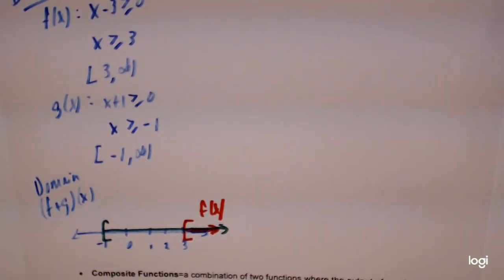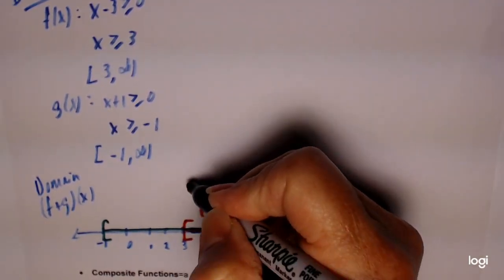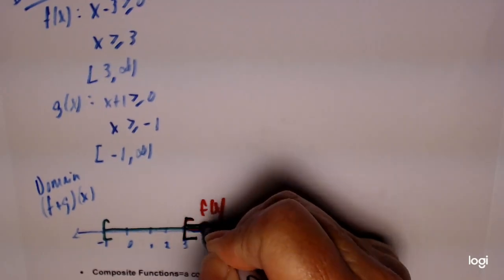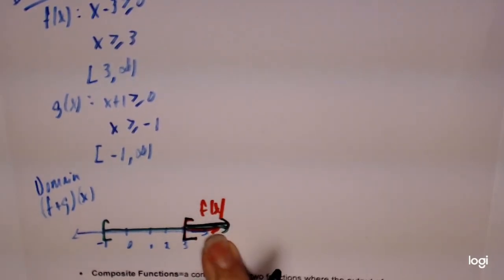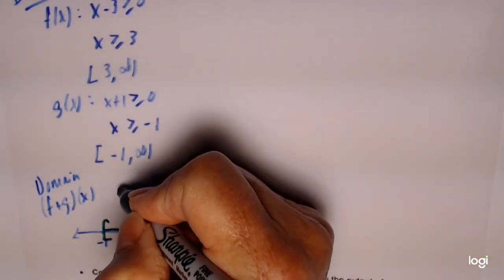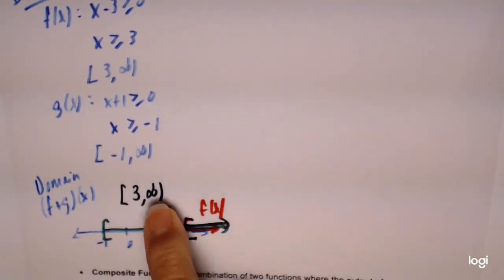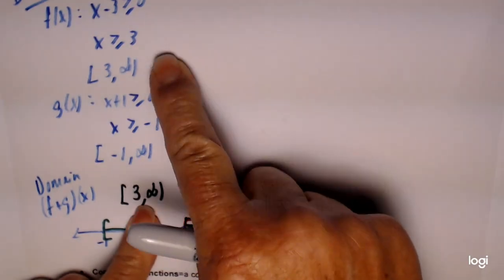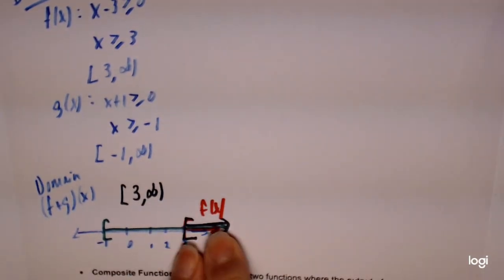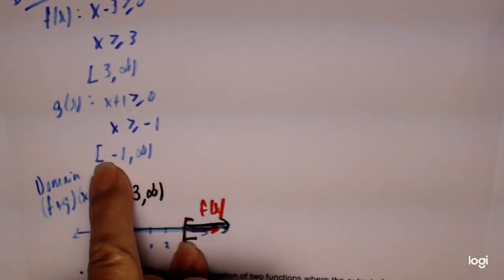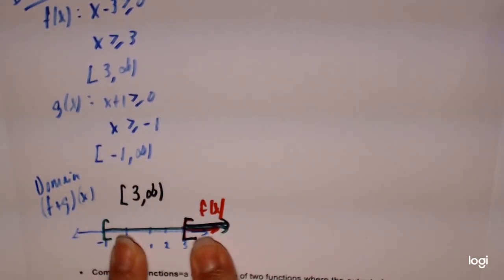So for g of x, we are limited to the intersection here, this here, the intersection. So our domain is going to be the 3 to infinity. It's going to be the same as this one because we can only include these values. We can't include anything from -1 to the 3.